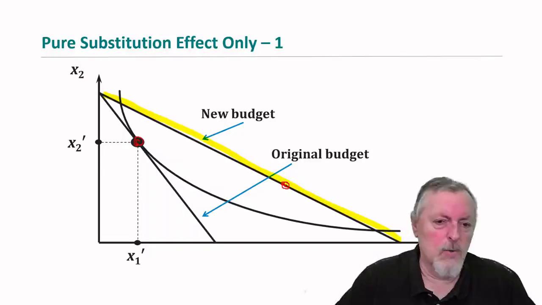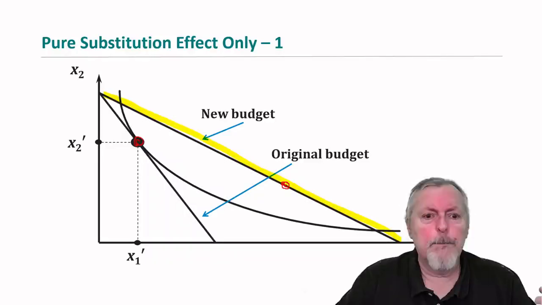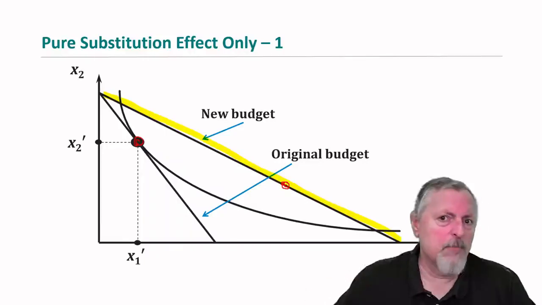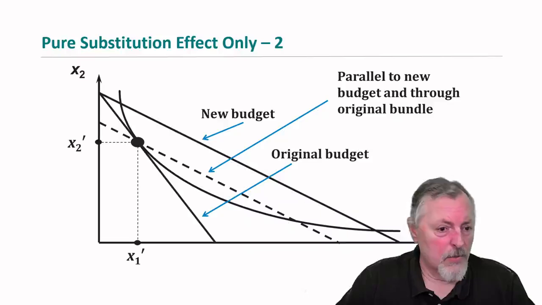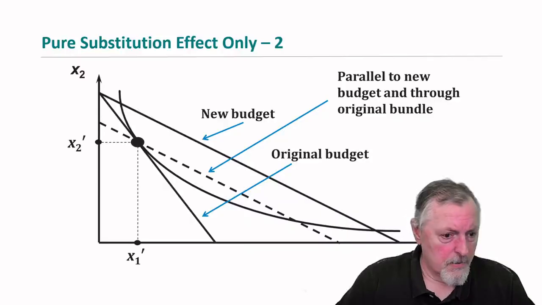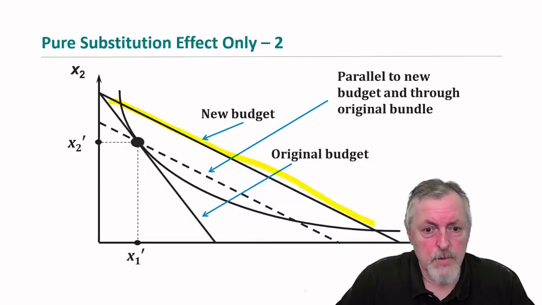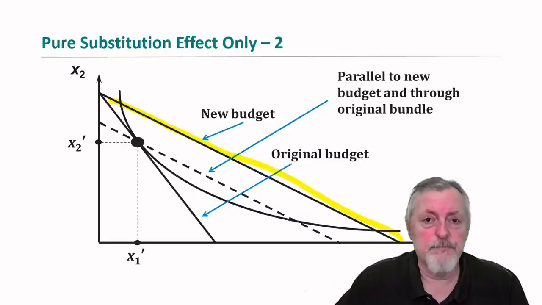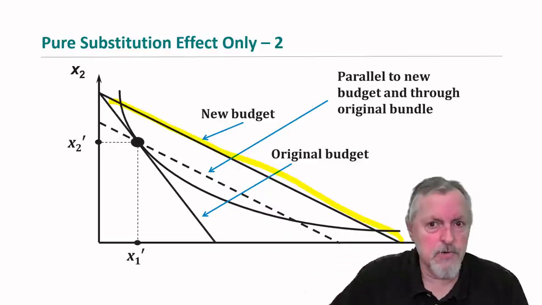How do you do that, though? How do you keep the price ratio, that is, the slope of the new budget line, but not have it be farther out from the origin? You do it this way. You take the new budget line, you preserve its slope, because that represents the relative prices, but you just pull it back in towards the origin.